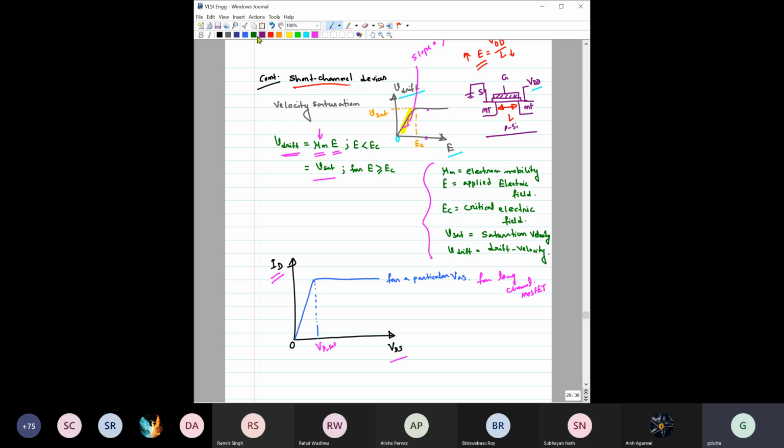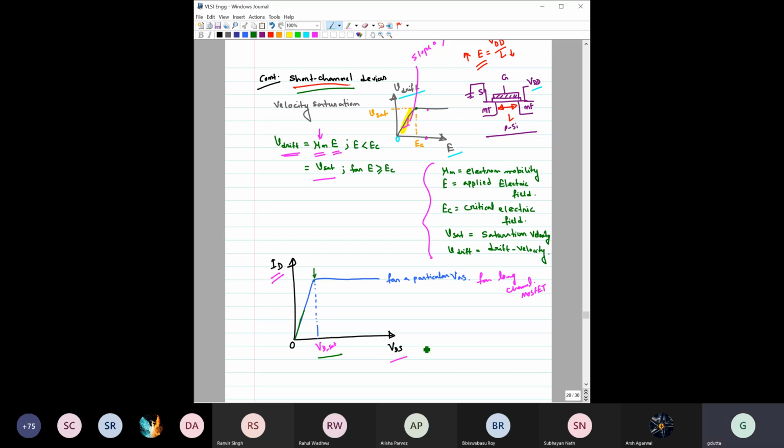Now, what is happening for a short channel MOSFET is that before you reach this VDsat, where the pinch-off is happening and the current becomes saturated, you reach this region beforehand.